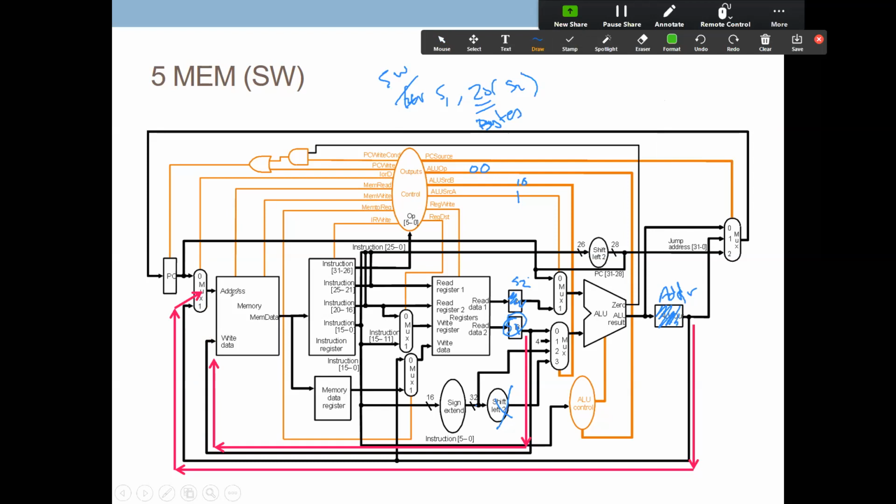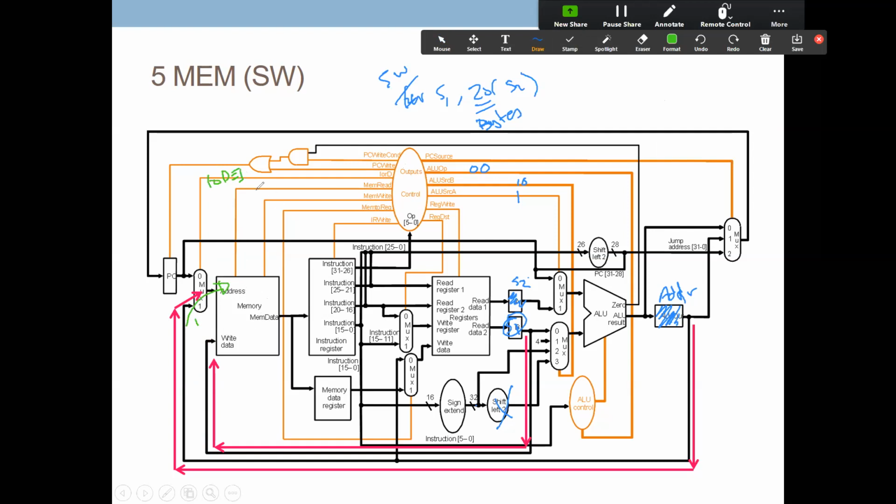Whether we should use this memory as an instruction or data memory. In this case we need to use it as data memory. Since it is data, it has to come from below, the value, and then IORD has to be equal to one. Okay, so IORD will be one.